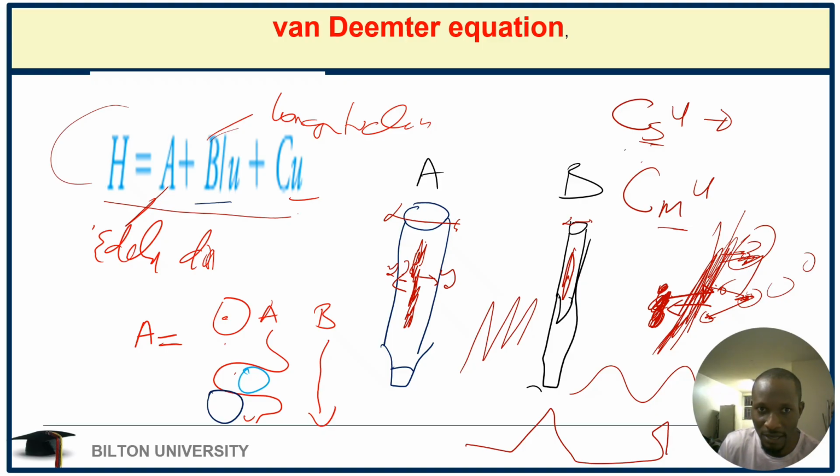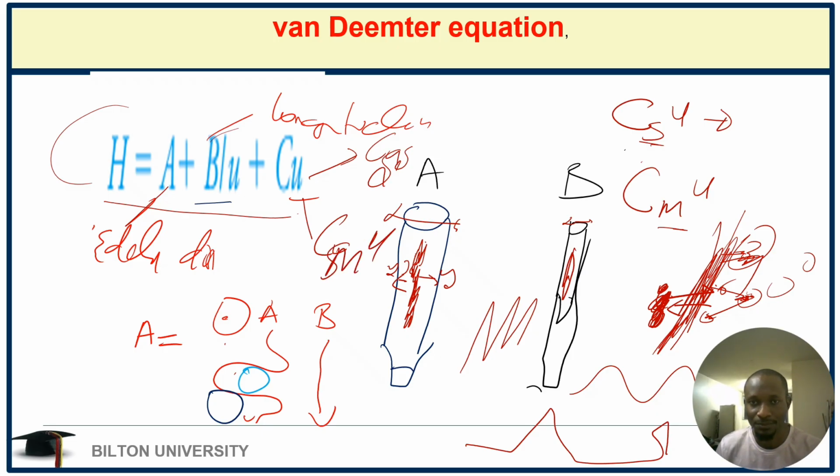For the mass transfer term, you need to put it into the mass transfer term in the stationary phase and the mass transfer term in the mobile phase, and how they contribute to column resolution and band broadening.